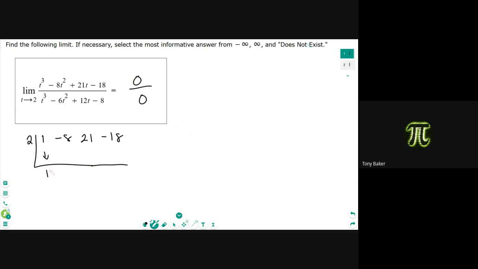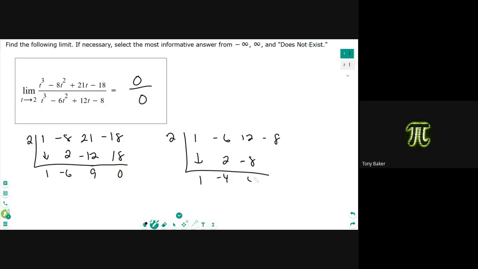Bring this down to -6, to 0. We do it to the bottom. And they both should come out to be 0.